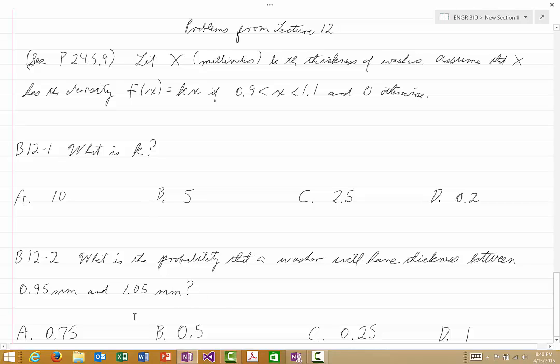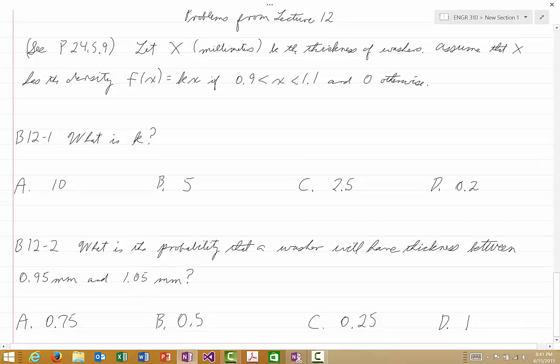Probably the way that most of you proceeded with this problem was that you solve for K first in 12-1 and then use that in 12-2 to find the desired probability.